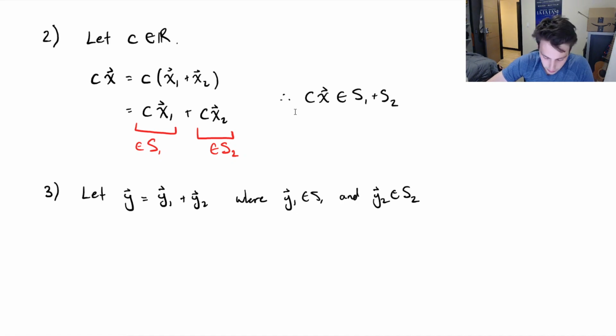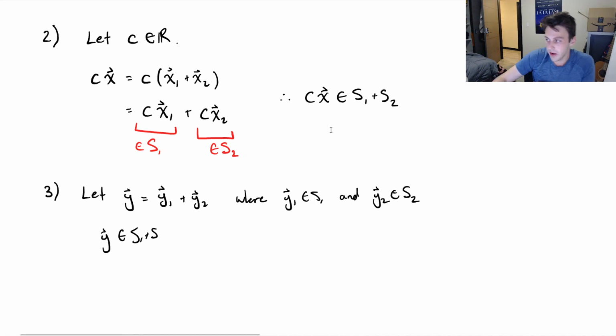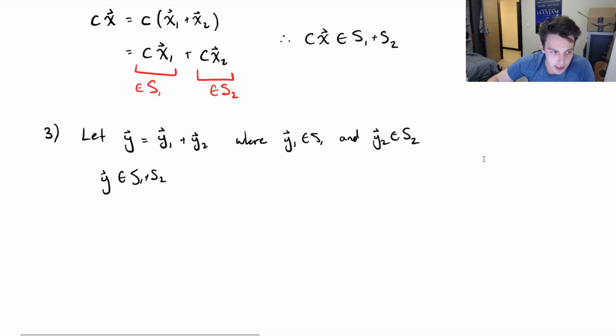So very clearly this is just another vector that is in S1 plus S2, following the exact same definition, and of course y is a vector of Rn. So we need to figure out, is X plus Y going to also be in the sum?